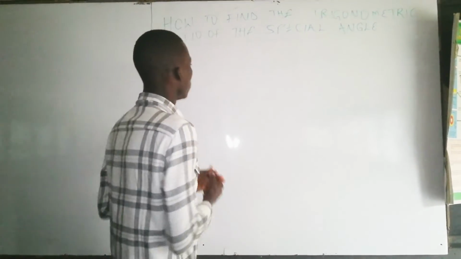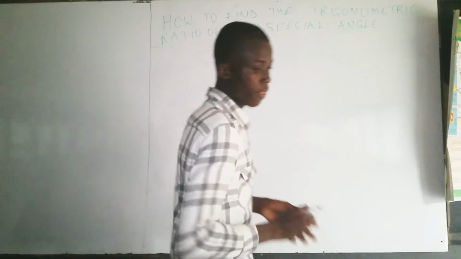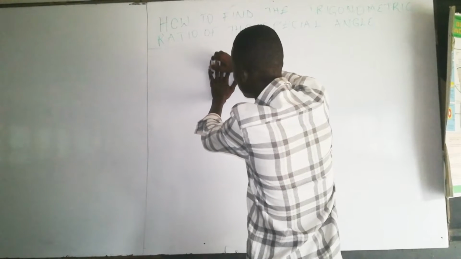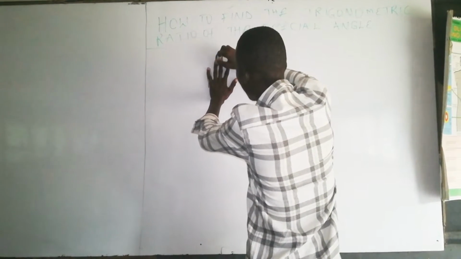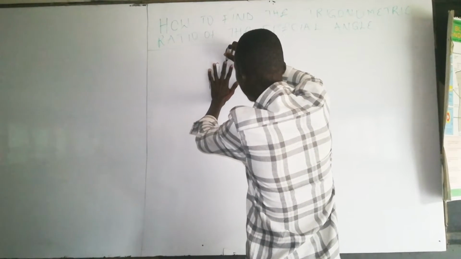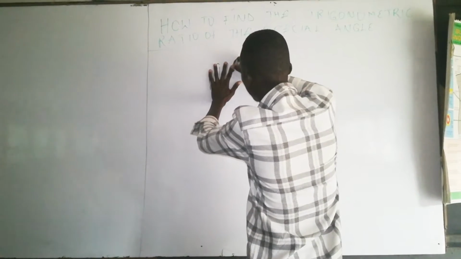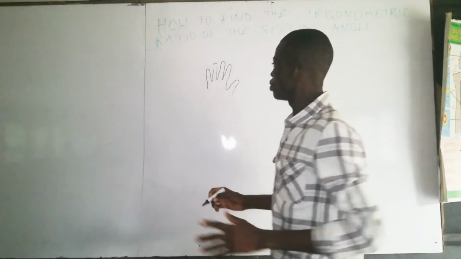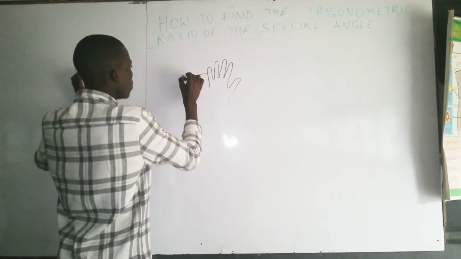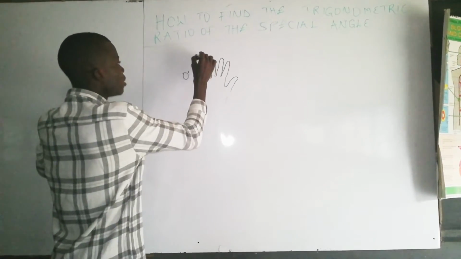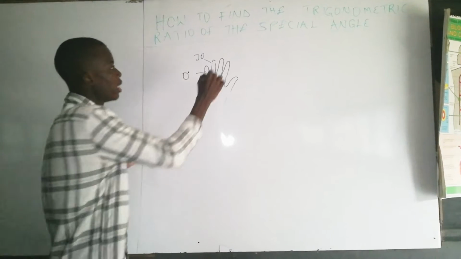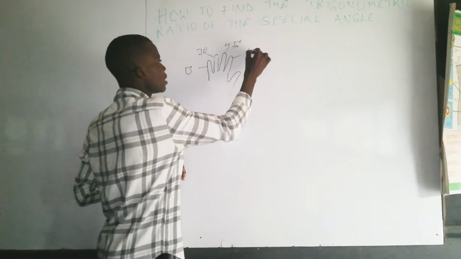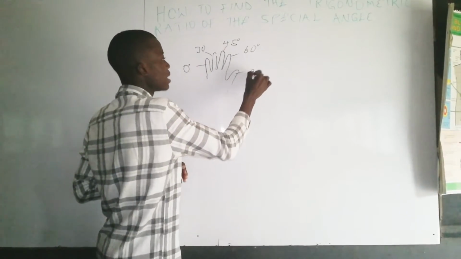So let's say this is your hand. These are your fingers. We will name this one 0 degrees, this one 30 degrees, this one 45 degrees, this one 60 degrees, and this one 90 degrees.